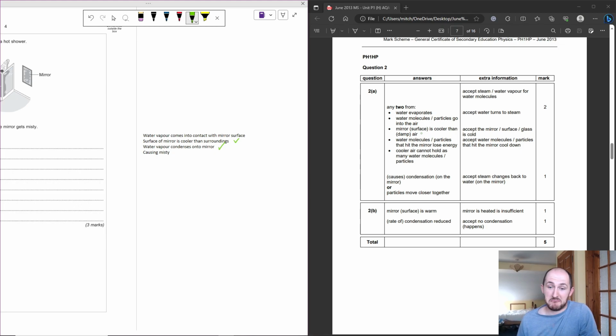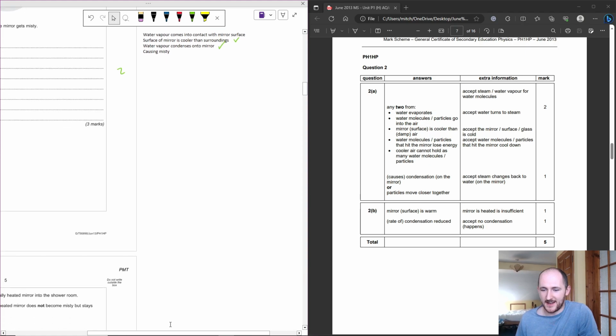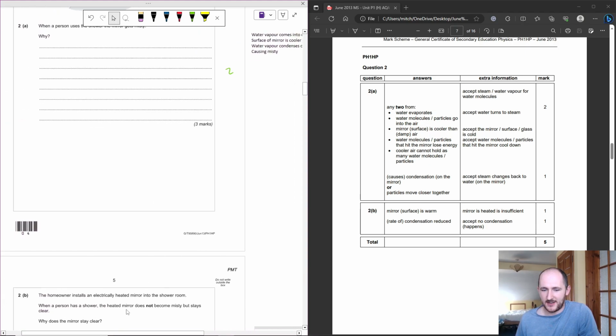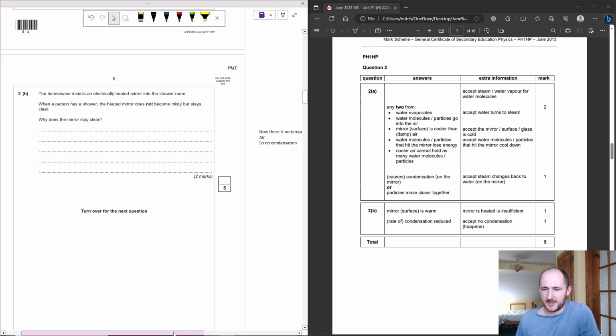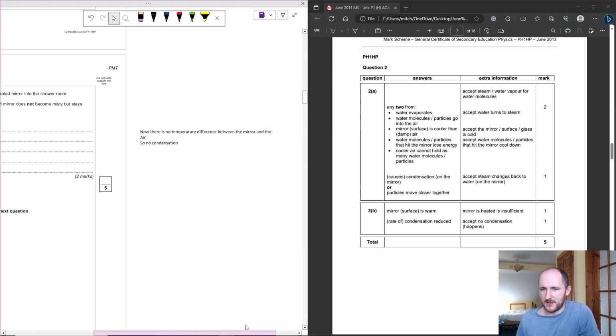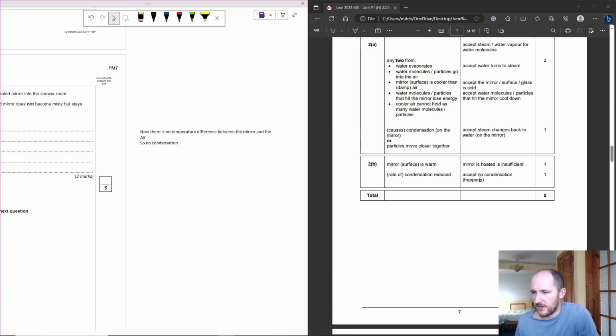Alright, I'm not going to take it personally. It's fine. Why does the mirror stay clear once you get a heated mirror? So I said now there's no air in. Okay, cool. So mirror surface is warm, rate of condensation is reduced. I get 1 mark, I guess.